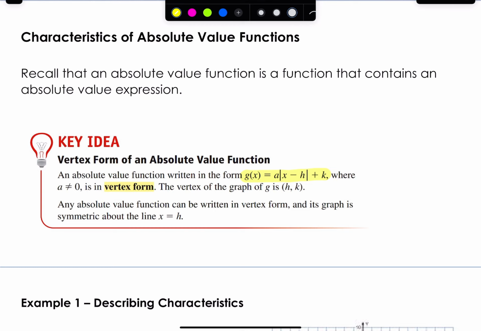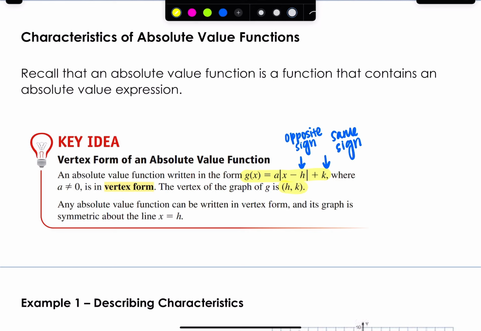That's called vertex form because your vertex comes directly out of that form. So that's the x value of your vertex, that's the y value. Notice, because that h has a minus in front of it, that's going to have an opposite sign. Since the k has a plus, that'll be the same sign, which you'll see in the example.